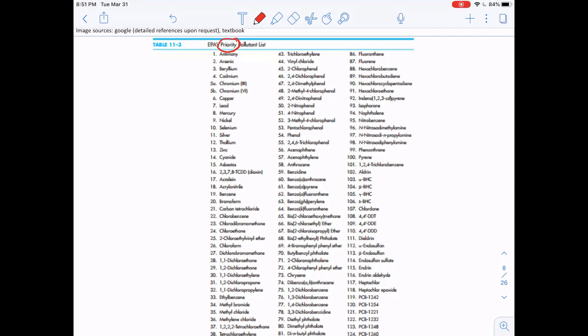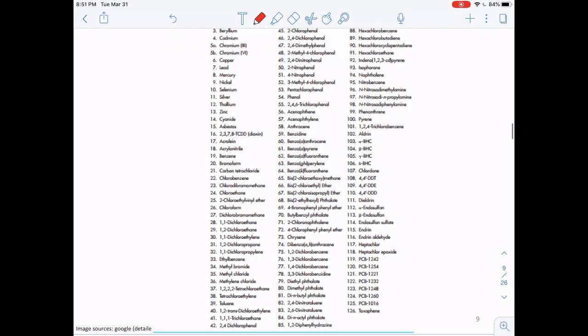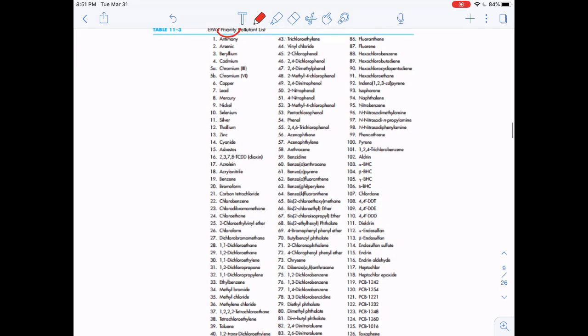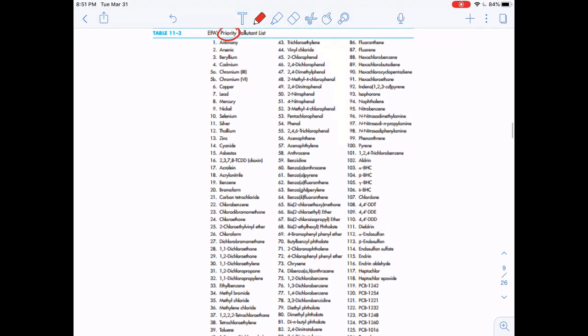You can see that there are 126 different types of pollutants. So if we really want to regulate water quality to a more stringent standard, we need to measure the concentrations of all of these pollutants so that we can make sure the wastewater is safe to dump back into the environment, or even safe to drink. Okay.